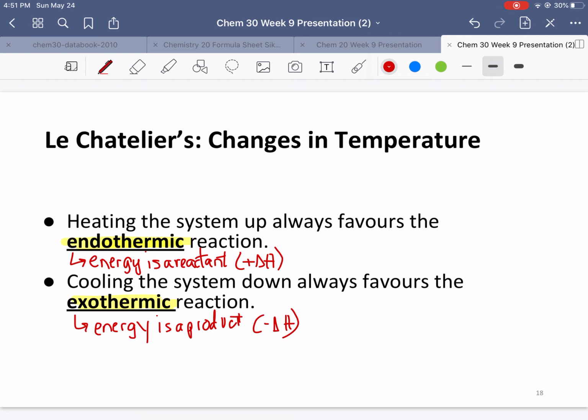Now, guys, if you heat up a system, naturally, the reaction wants to use up the energy. Well, how do you use up energy? Energy will act as a reactant. So heating up a system will always favor energy as a reactant, which is endothermic. Vice versa, if we cool down a system, it's the opposite.